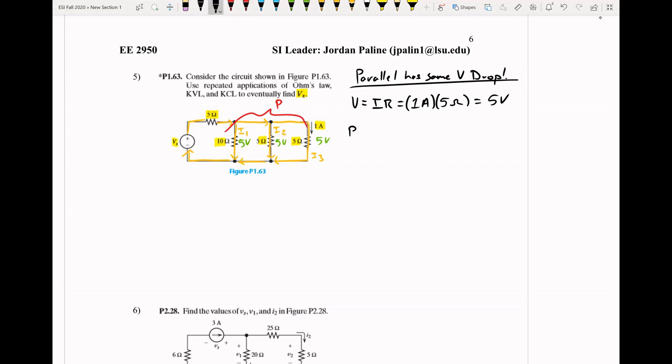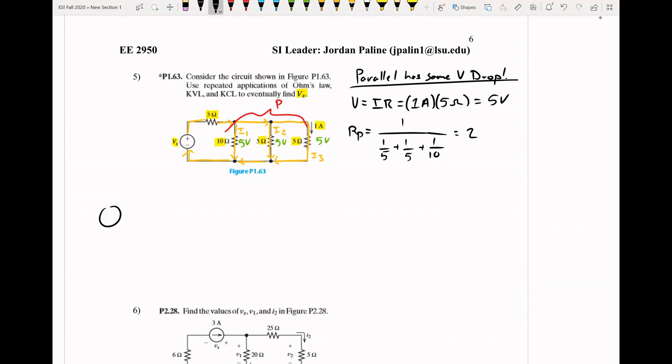So R parallel will be 1 over 5 plus 1 over 5 plus 1 over 10. So this will give us 2.